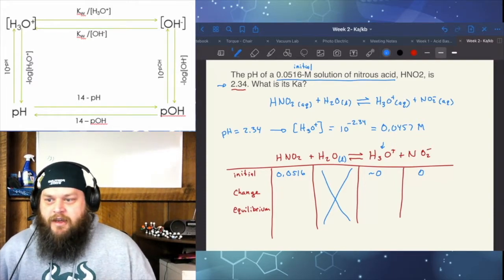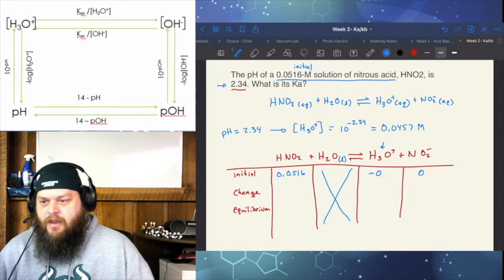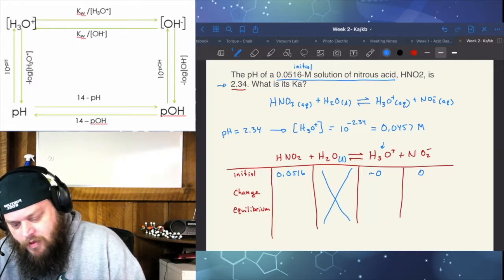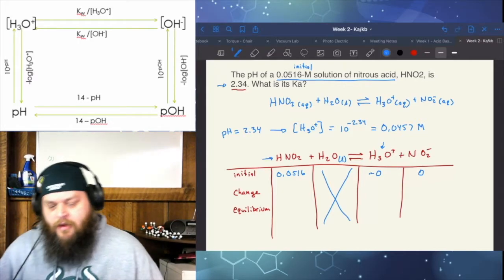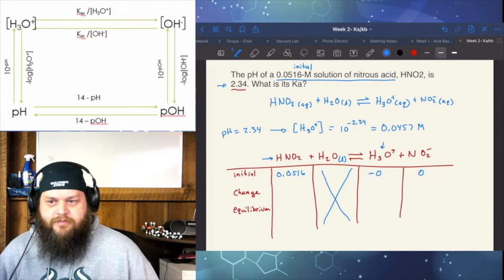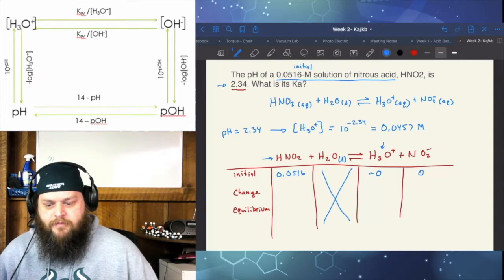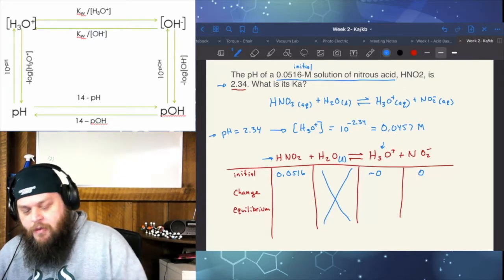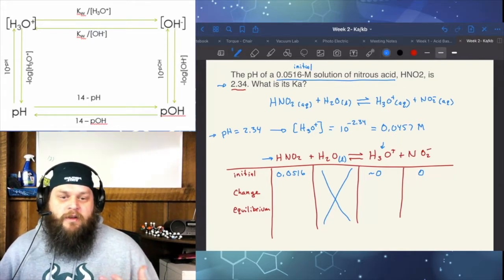So the change in this reaction, how much of these are going to actually change? What's the change in concentration of our nitrous acid? Minus X, that's good. If we didn't know the pH, that would definitely be true, because we wouldn't know how much of it's changing.